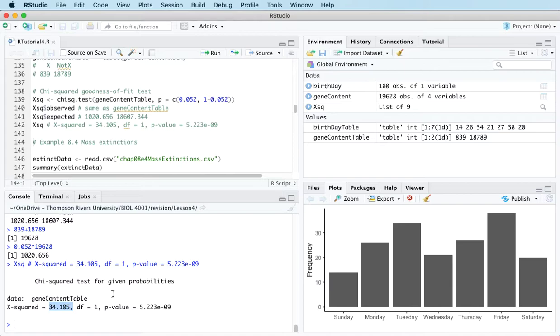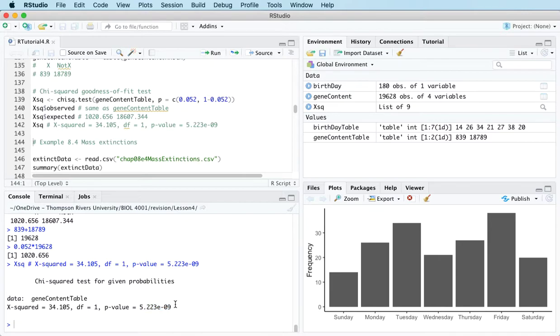And then step 3 is to figure out the p-value. In this case, we've got two categories, so the degrees of freedom is 1 less than 2, which is just 1. And then the p-value is the upper tail area to the right of our test statistic. And it's a very small number, 5.2 times 10 to the minus 9, it's pretty much 0.